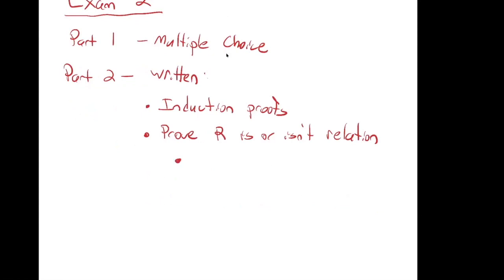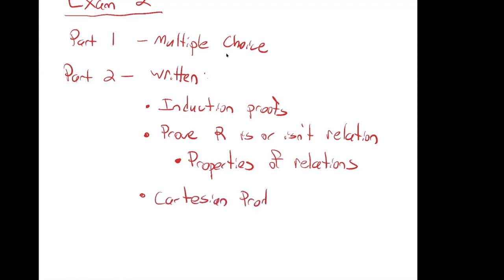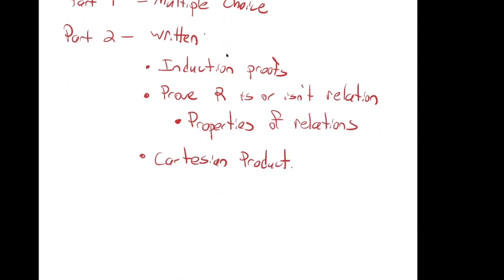Kind of related to that would be properties of relations. And maybe before we talked about relations, we talked about the Cartesian product, which meant that we did some proofs with sets, like prove this thing is a subset of that or equal to that and so on.